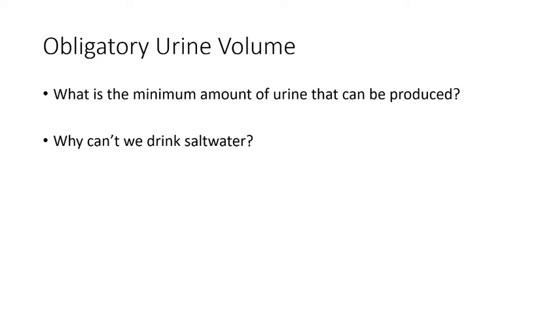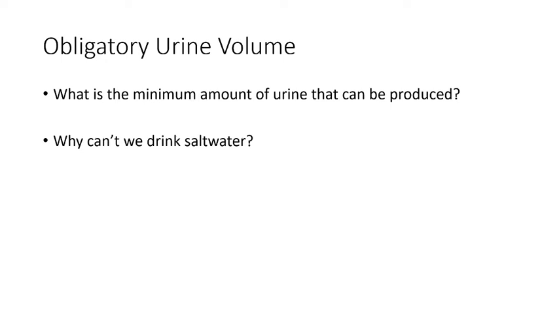An interesting concept is obligatory urine volume. What's the minimum amount of urine that can be produced? There needs to be some amount of urine being produced, because there are things like creatinine and urea that need to be excreted. Now, the kidneys have a maximal concentrating ability, and this is different between different mammals. For humans, a 70 kilogram male needs to excrete around 600 milliosmoles of solute per day.